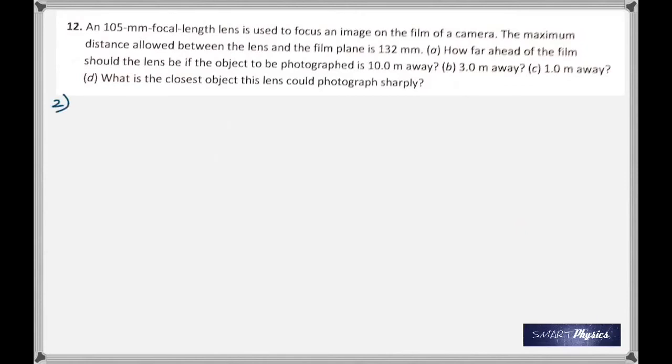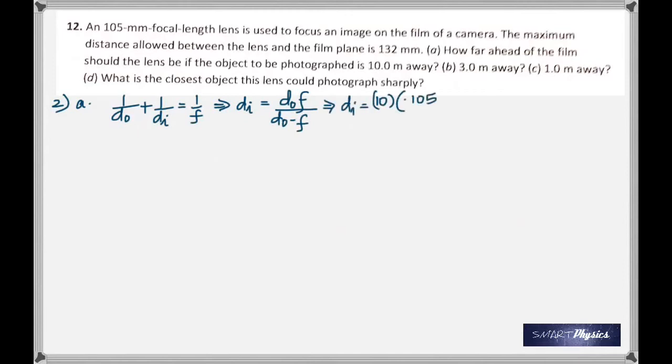In this one, a 105 millimeter focal length lens is used to focus an image on the film of a camera. Maximum distance allowed is given, and you have to find how far ahead of the film should the lens be. So actually we're going to find DI, because the image is formed on the film.